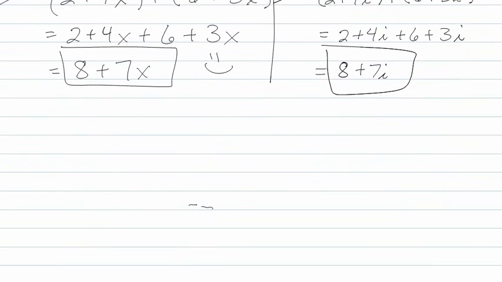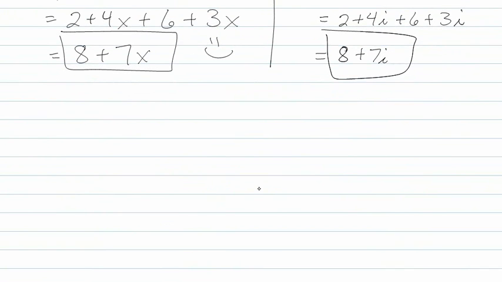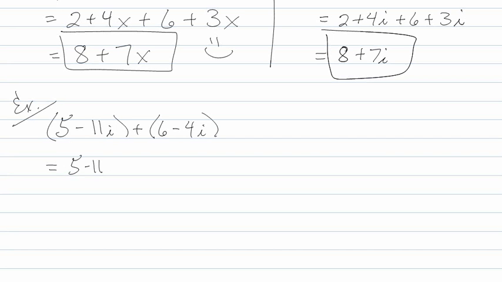I'll come down a little bit and do another one. Let's try this one. Try 5 minus 11i plus 6 minus 4i. Again, you can drop your parentheses. Parentheses don't matter.